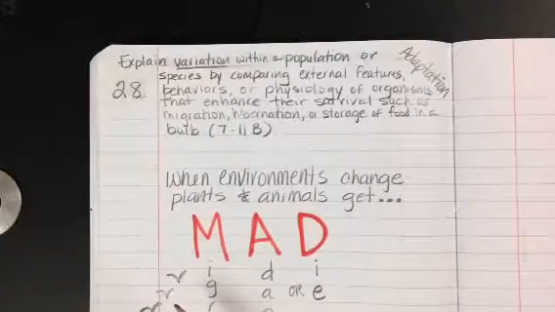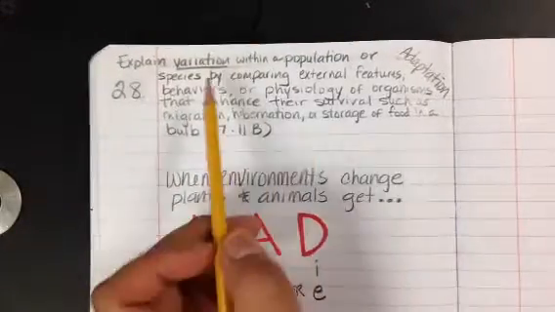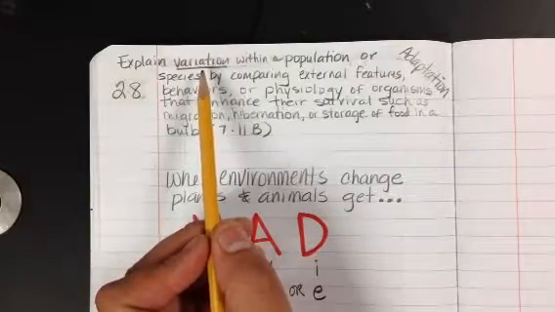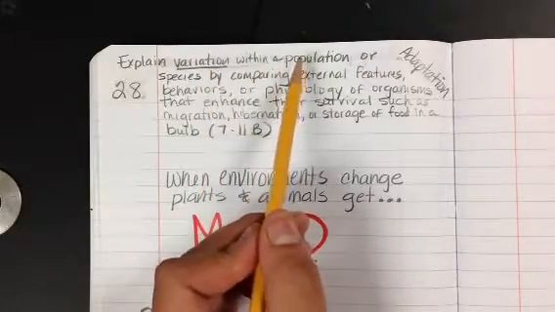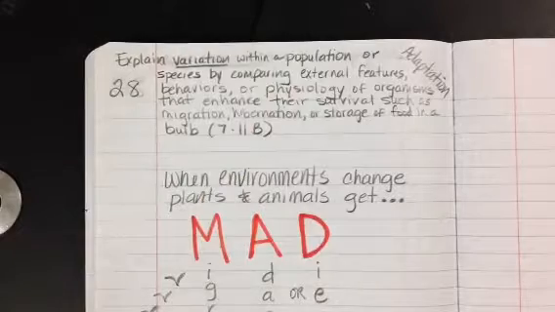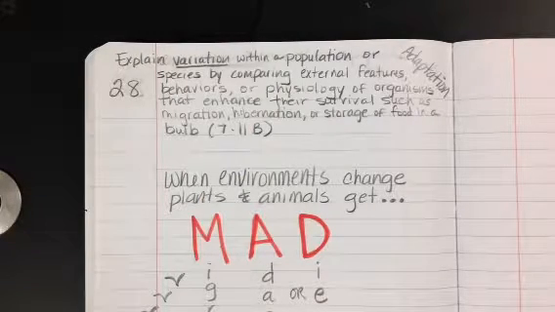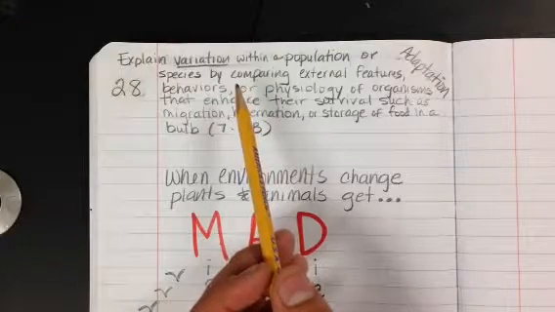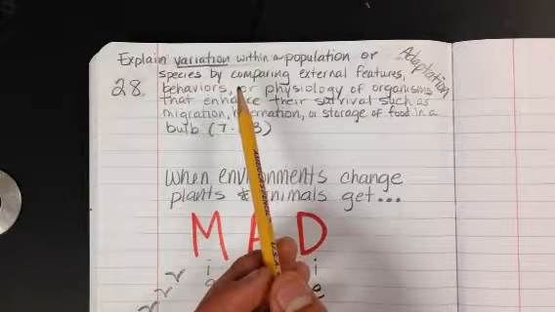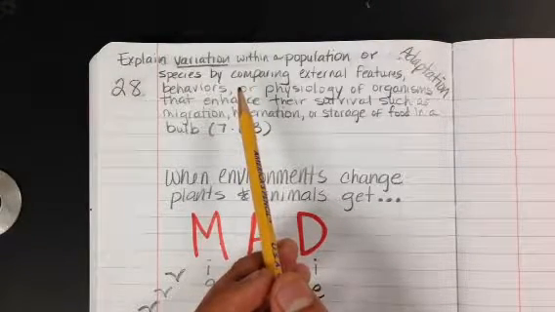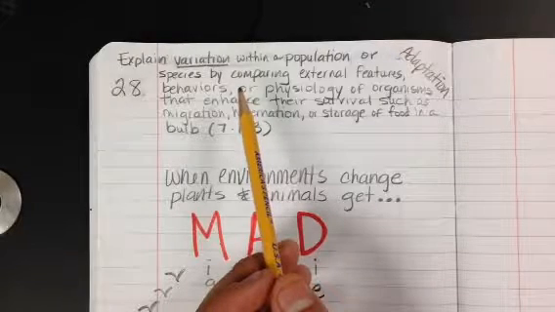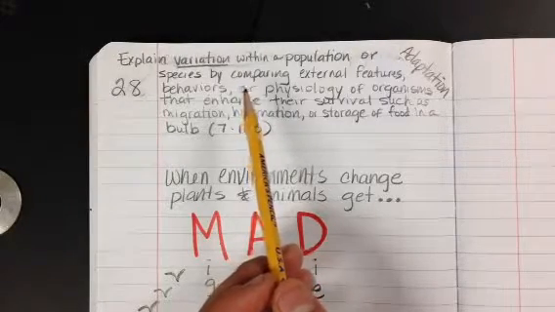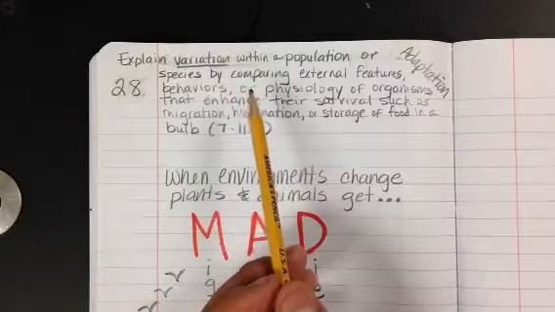Let me start by saying that variation has to do with the variety within a population. So my classes took a look at rabbits, okay, and how rabbits and also moths and plants and all sorts of organisms out there look a little bit different, but they still fall under the same category. All right, so rabbits can have ears that are droopy or ears that are up high, but yet they're still rabbits.